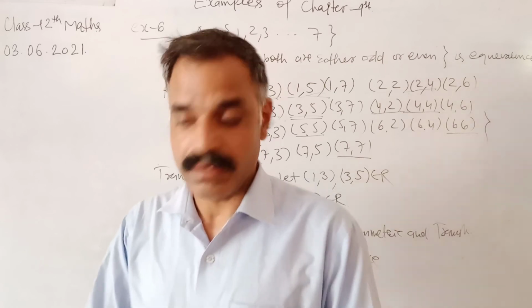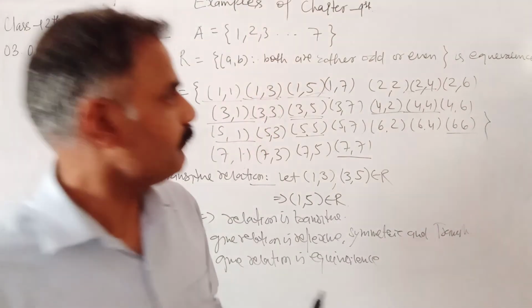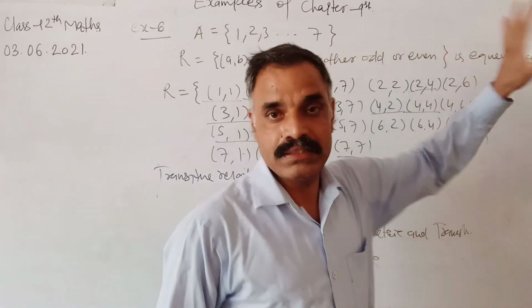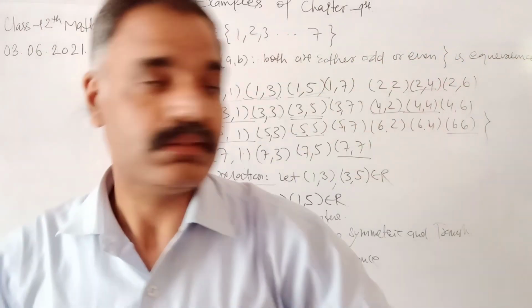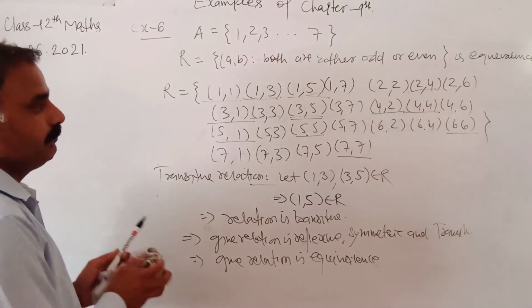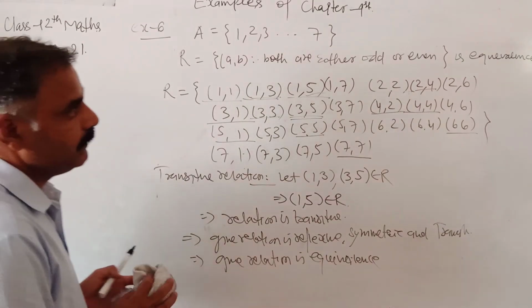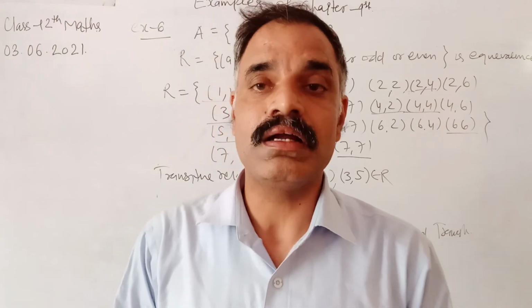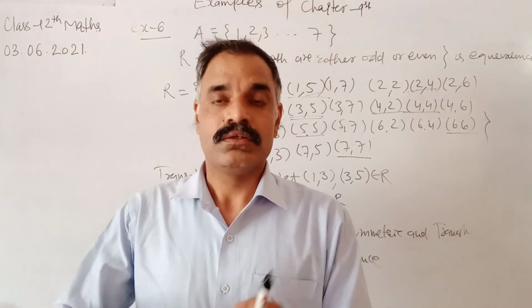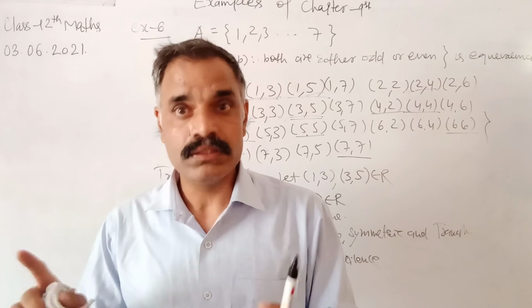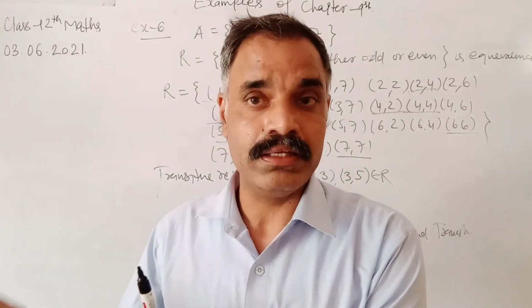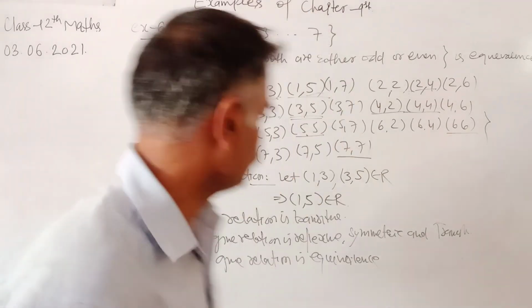Now the second part. The first part was to show that the given relation is an equivalence relation. The second part of the example is that 1, 3, 5, 7 are related to each other, 2, 4, 6 are related to each other, and 1, 3, 5, 7 is not related to any element of 2, 4, 6.